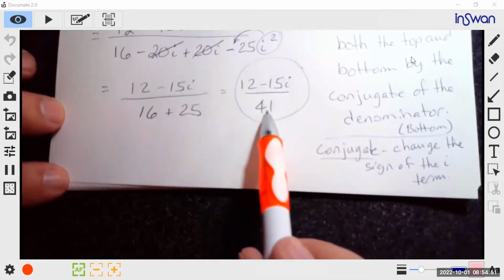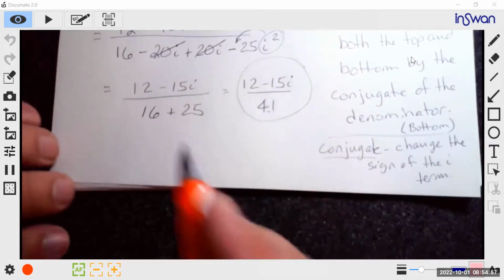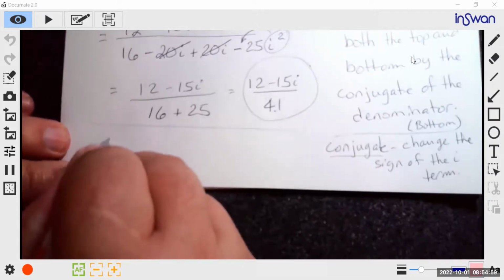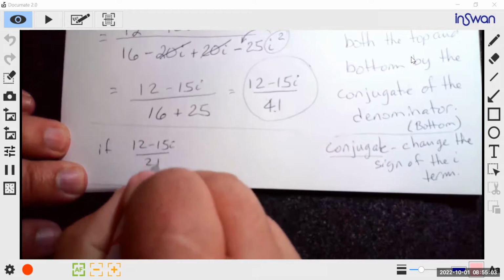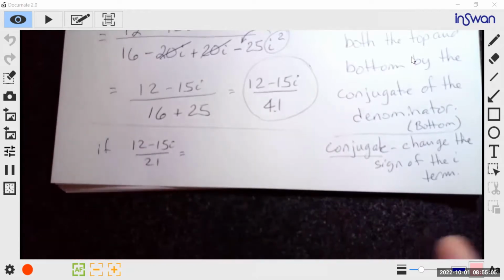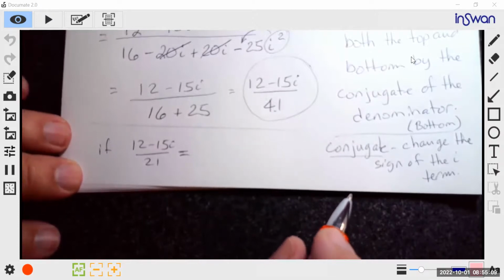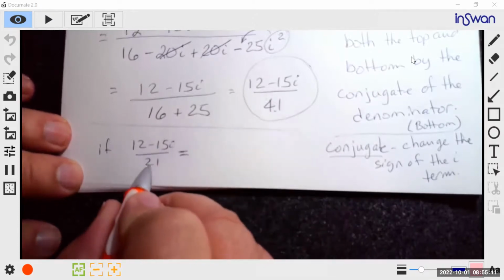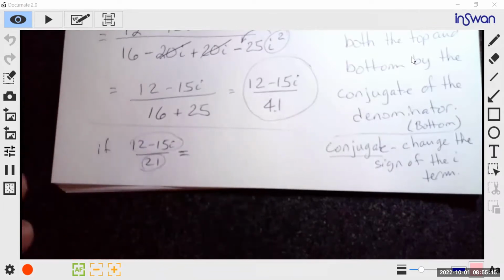But if that was a 21 instead, we had 12 minus 15i over 21, we have to simplify. What do the top and the bottom numbers have in common?